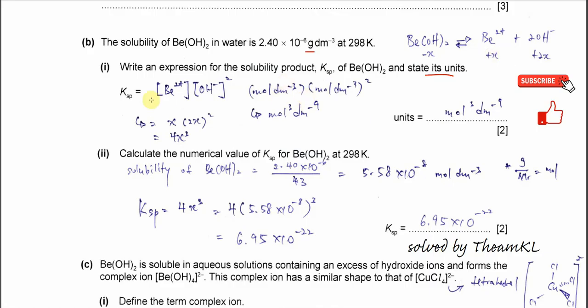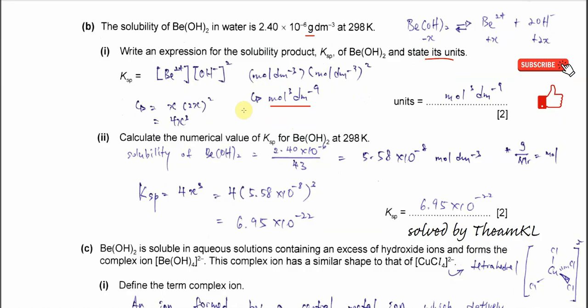The Ksp is therefore quite easy now. It's the concentration of Be2+ times the concentration of hydroxide squared. The unit is very easy: mole per dm cube times mole per dm cube squared, so eventually you get mol cubed dm negative 9.